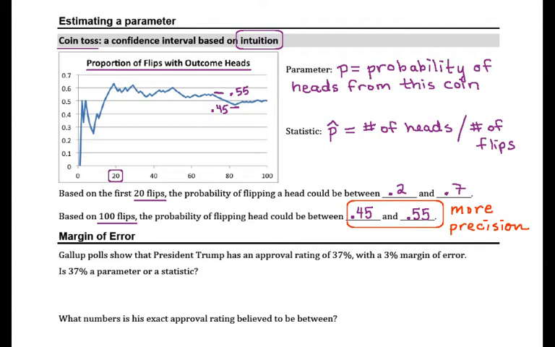Both of the ones that we came up with aren't very rigorous, and they didn't involve computations really, and it would be difficult for us to give a mathematical level of confidence behind them, but they are confidence intervals.